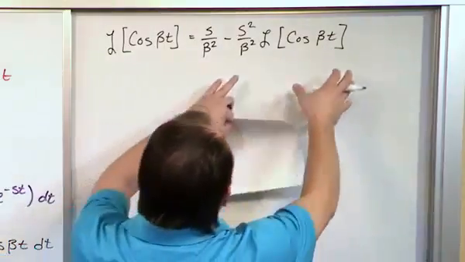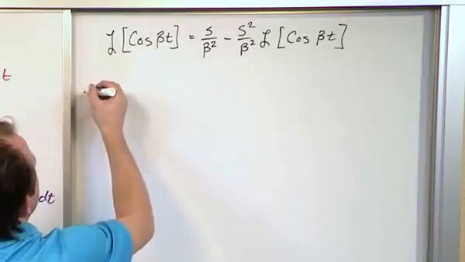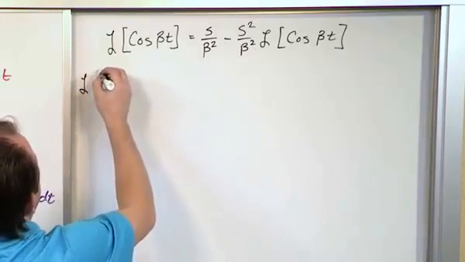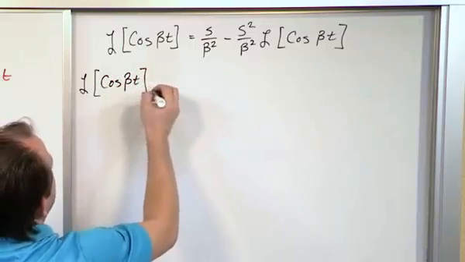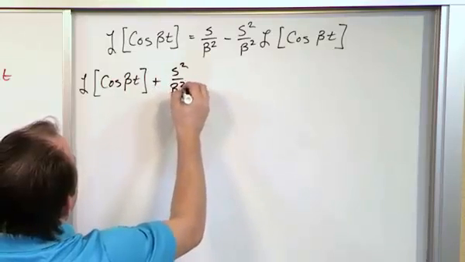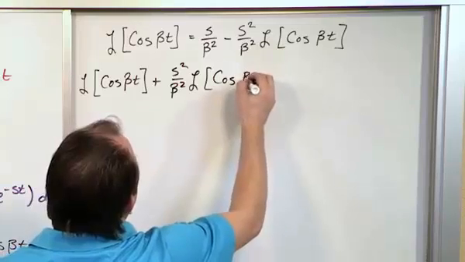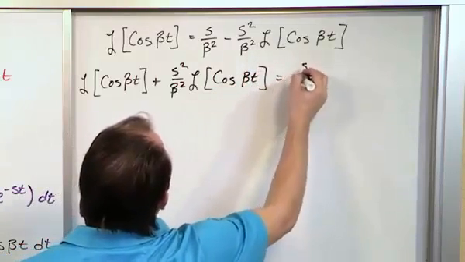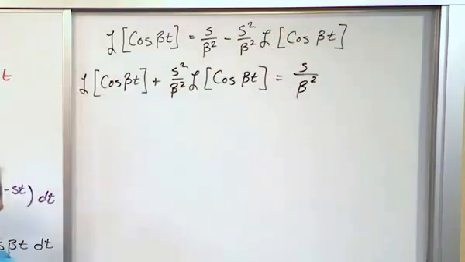All right, so now what we want to do is move this whole term over to the right-hand side. So what we'll have is Laplace transform cosine beta t plus s squared over beta squared, Laplace transform cosine beta t equals s over beta squared. So we just move that term over.